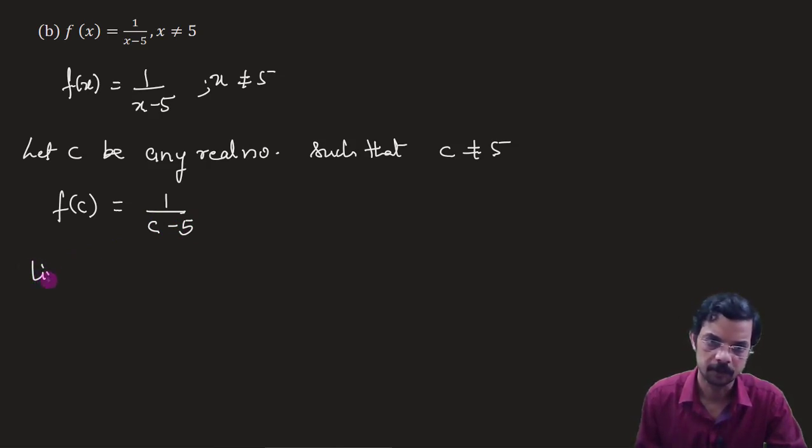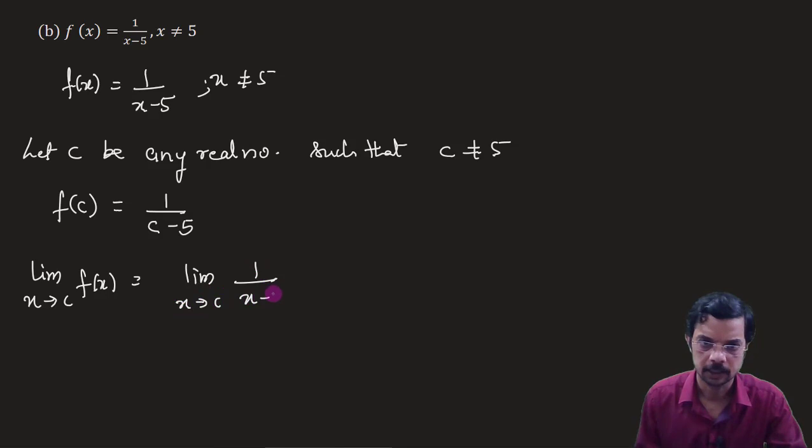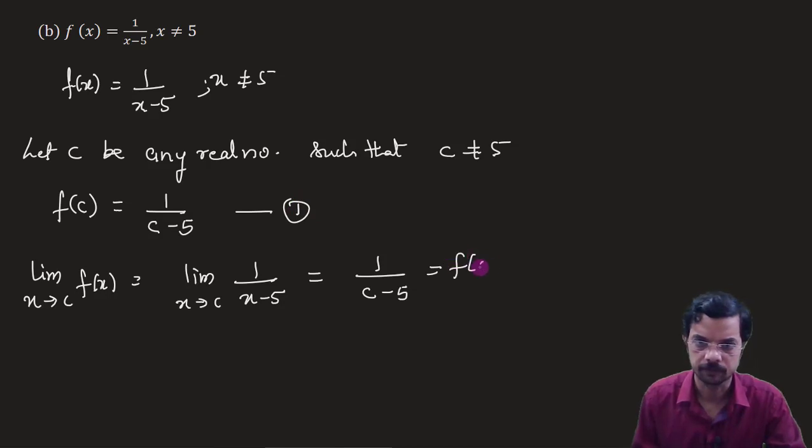Limit x tends to c of f of x, which was defined as 1 by x minus 5, is equal to 1 by c minus 5, and this is clearly equal to f of c for all c not equal to 5.